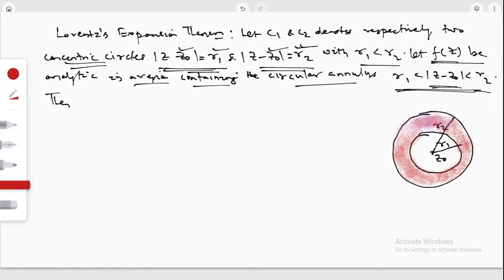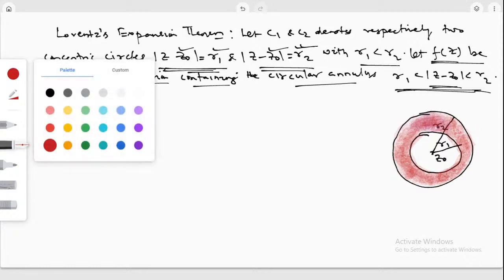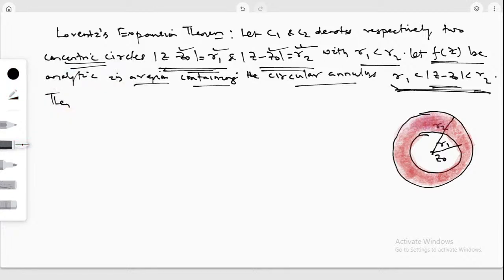So this is my circular annulus, where modulus of z minus z0 lies between R1 and R2.